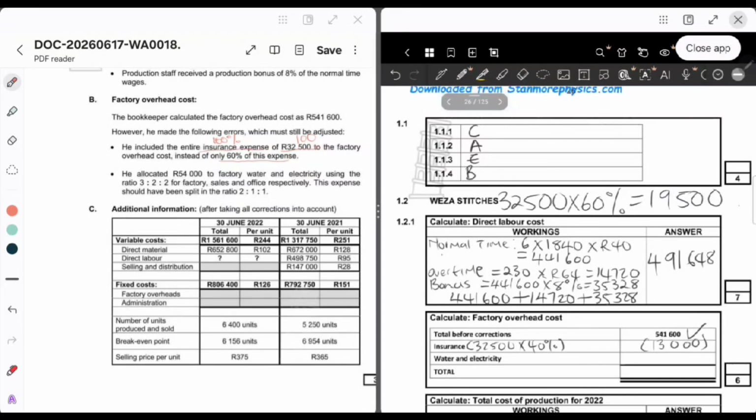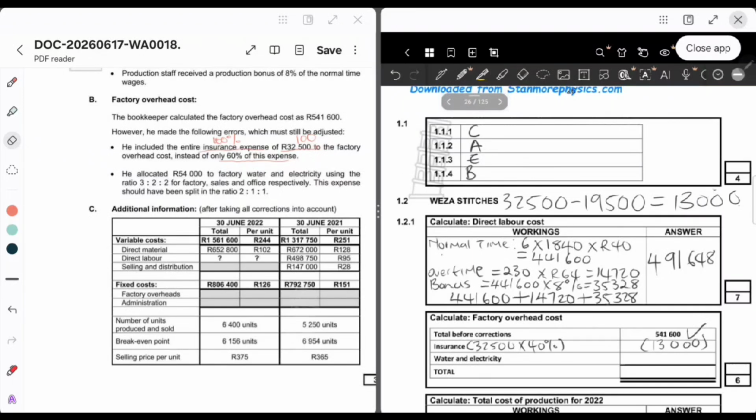So you're going to say that out of the 32,500, he was only supposed to allocate 19,500. So now how much needs to go out? You calculate that by saying 32,500 minus the 19,500, which is also 13,000. So you can do it in both ways.